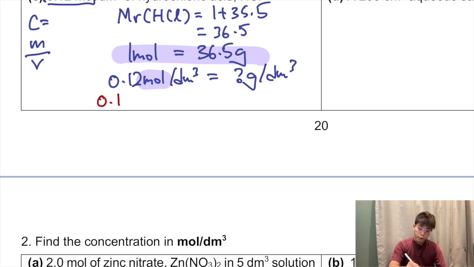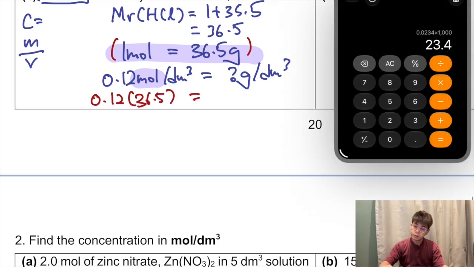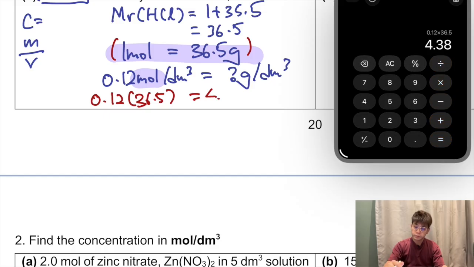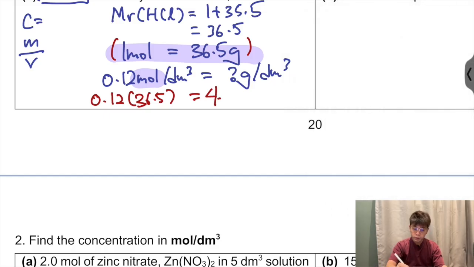So it's 0.12, and then I substitute the whole thing inside. So it's 36.5. Then I take out my calculator. 0.12 times 36.5 is 4.38 grams per dm cube. Alright?